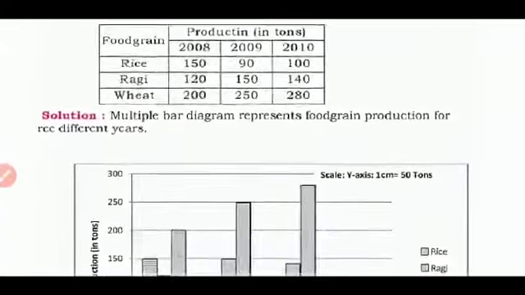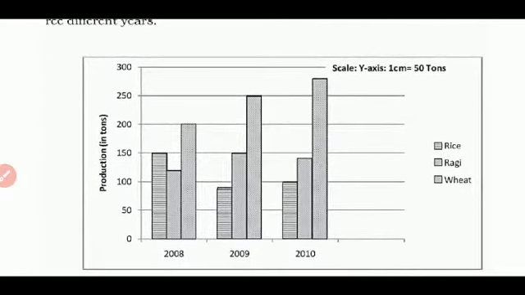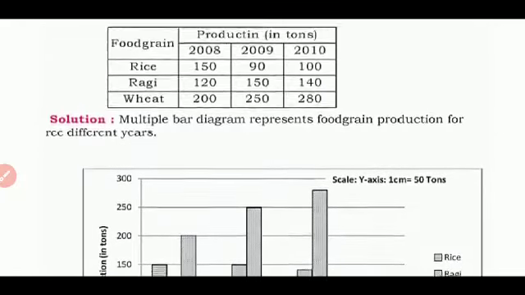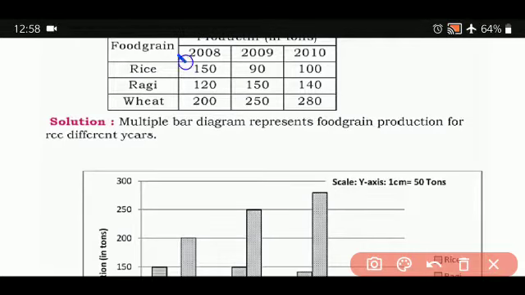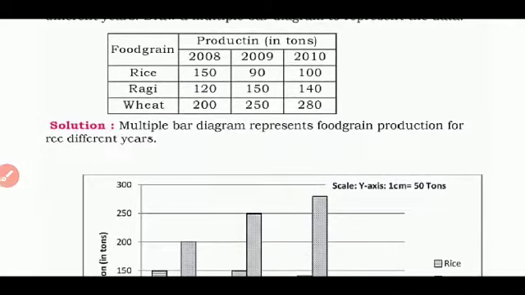What they have done here is the multiple bar diagram represents food grain production for different years. See for 2008: rice, ragi and wheat. Which is the maximum value for 2008?